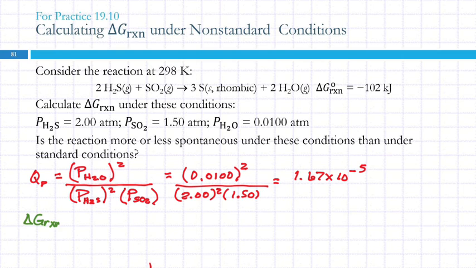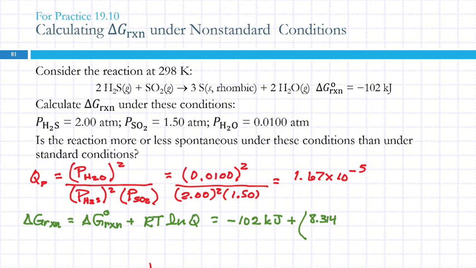Delta G for the reaction is equal to the standard delta G plus RT natural log of Q. Delta G is minus 102 kilojoules. And then we've got R, 8.314. And guess what? It's going to be that kilojoule thing again.